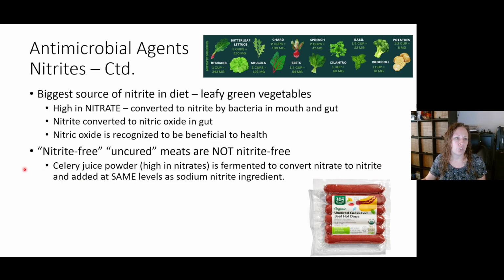So celery juice powder: they take the celery juice, they make it into a powder, they dehydrate it. It is high in nitrate. Then they put that into a vat where bacteria ferment it and convert the nitrate to nitrite. Okay? You get it into a powder.